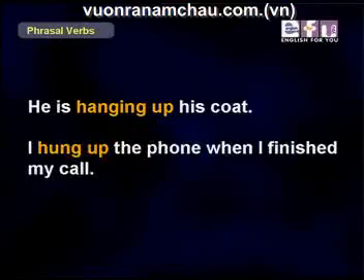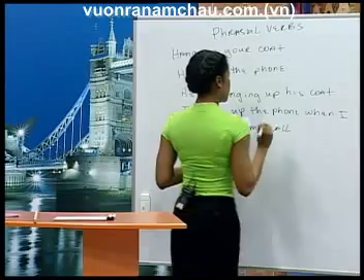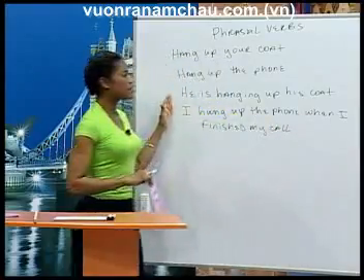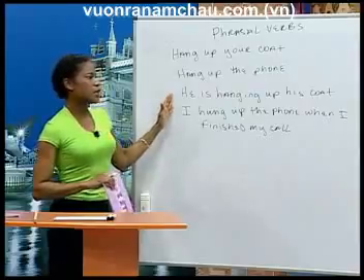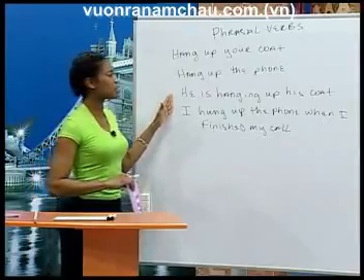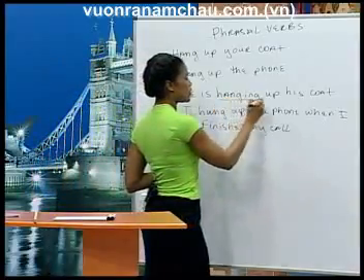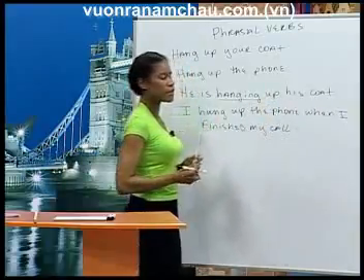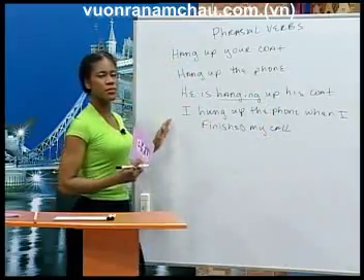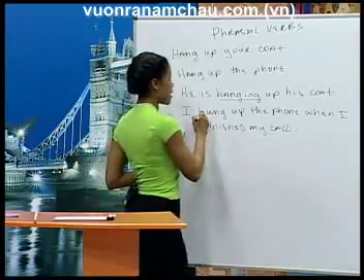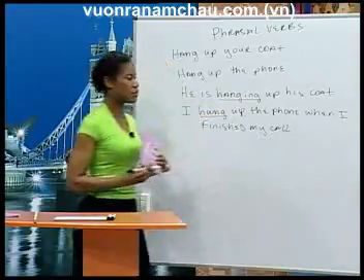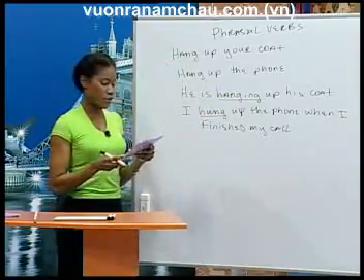Past tense, I hung up the phone when I finished my call. So in this first example, he is hanging up his coat. We can use present continuous by changing only the verb. We don't change the preposition. In the same way, we can switch to past tense and say, I hung up the phone when I finished my call.